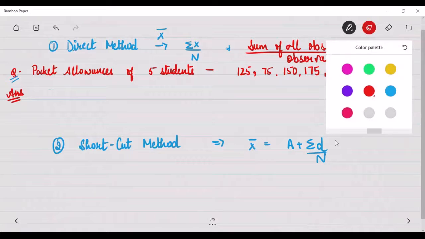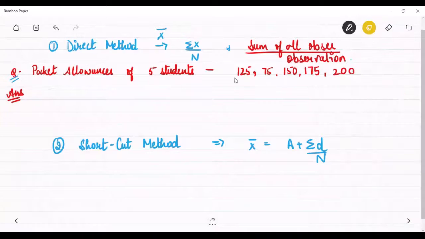Okay. So in the example, we are seeing the pocket allowances of 5 students, which are 125, 75, 150, 175, 200. According to the formula, what we need is sum of x upon n. If we sum all the observations, the answer that we get is 725.